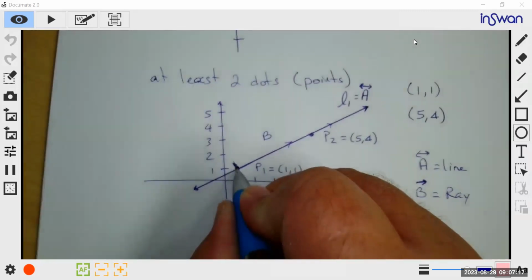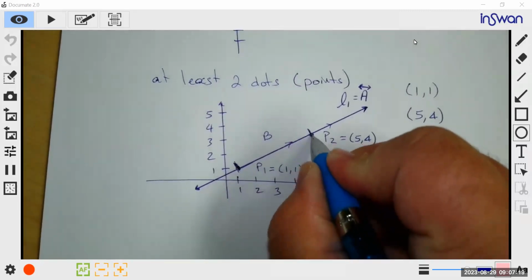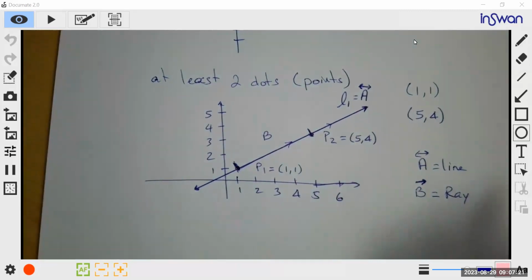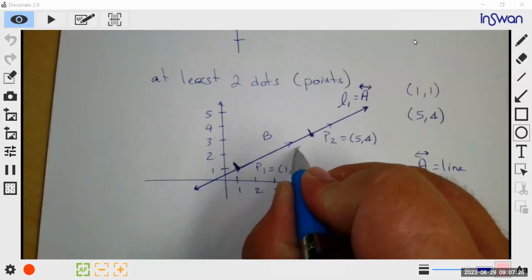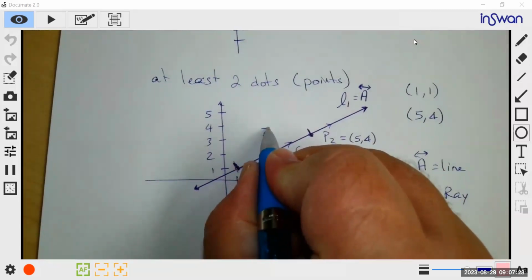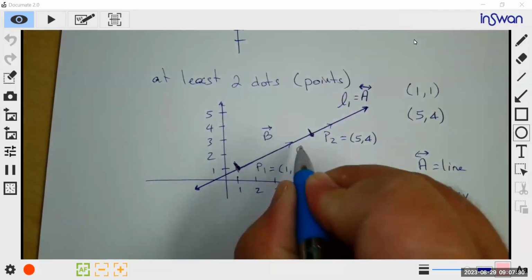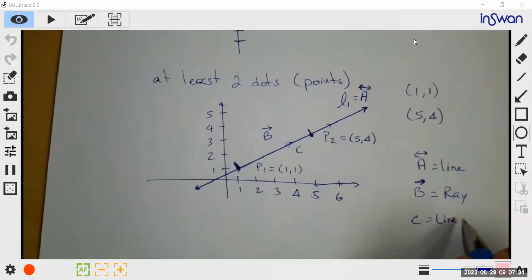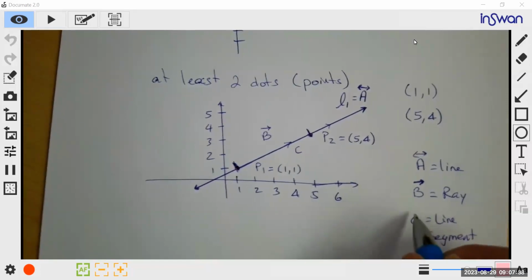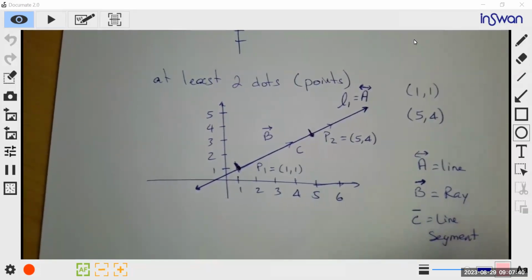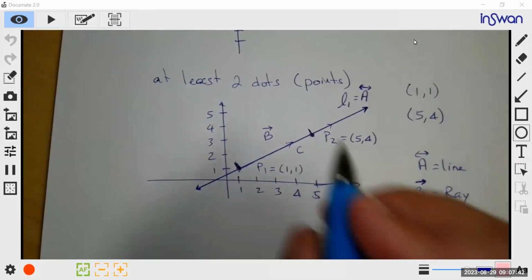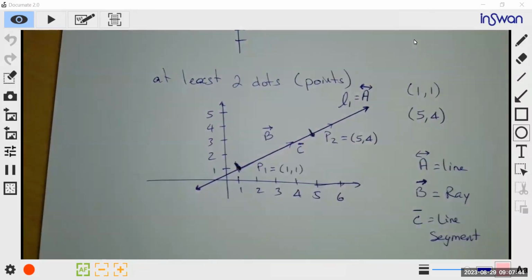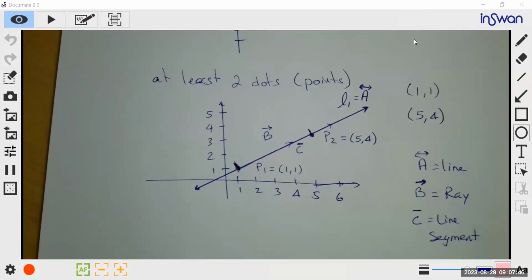Now, how about if I start here and end here? What's that called? A line segment. We'll call that C. So this is B. How do we represent a line segment? It doesn't have arrows on both sides because it starts and stops at a solid point.